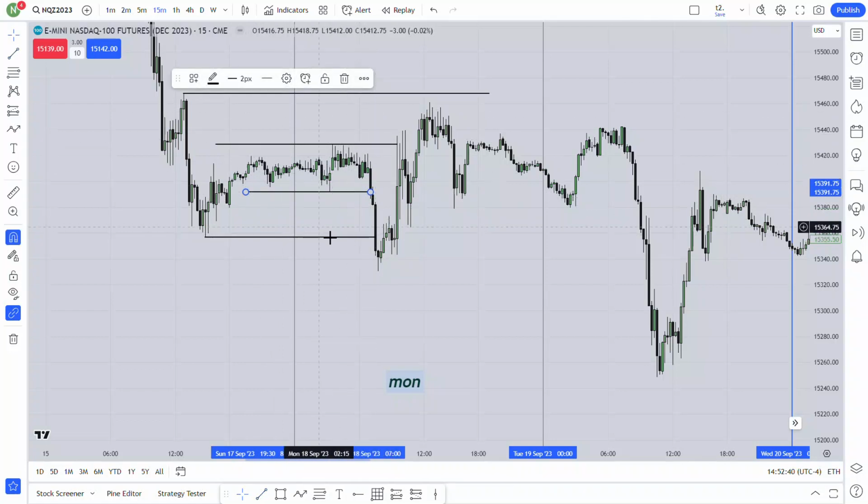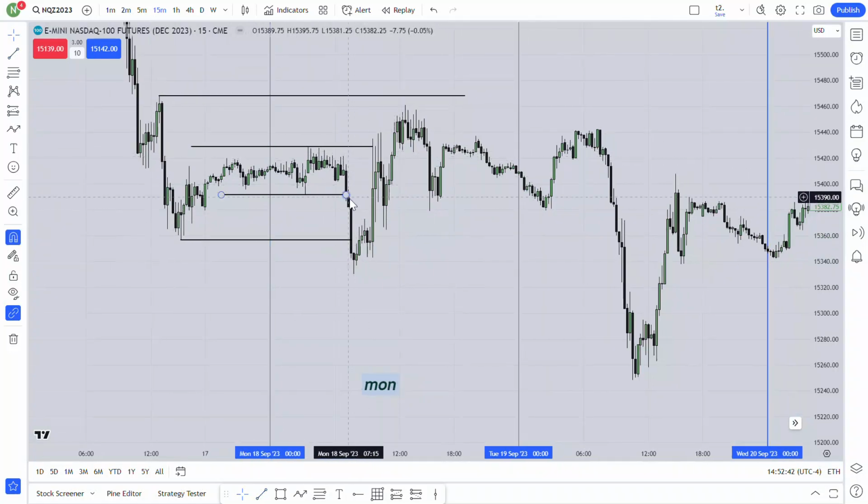So all of these are liquidity from before 9:30. When 9:30 opened, I think it is here, okay, this is 9:30. What it has done is it went lower, took the liquidity, went higher, and gave you a nice market structure shift. If you look over here, this is your fair value gap, and this is your entry.